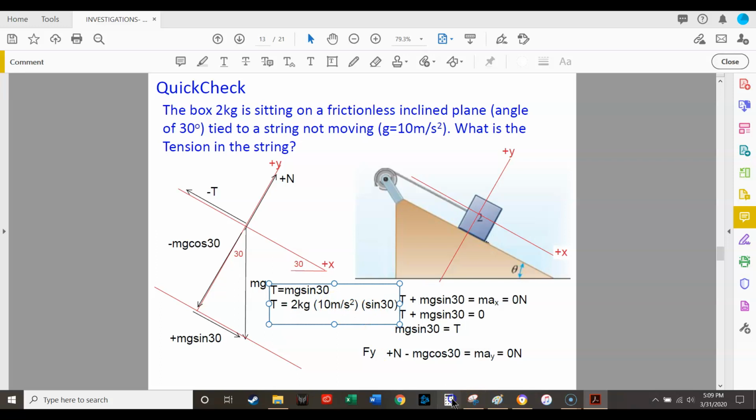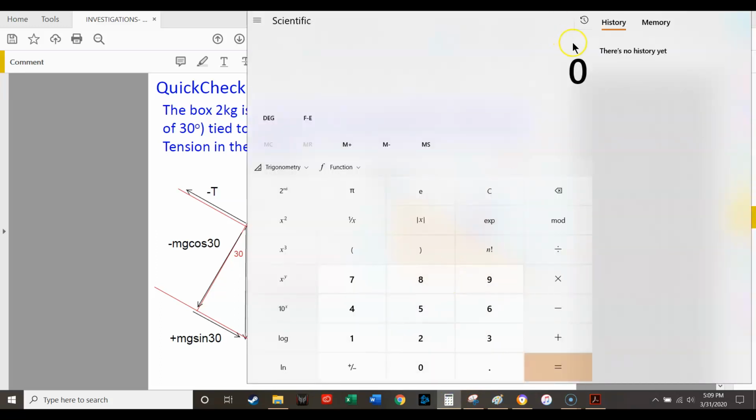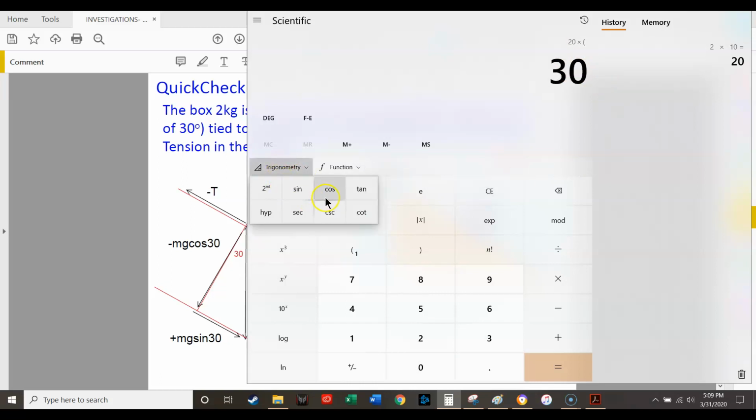So let's grab our calculator. 2 kilograms times 10 meters per second squared is 20 newtons. And I'm going to multiply this by the sine of 30 degrees, which is 0.5.